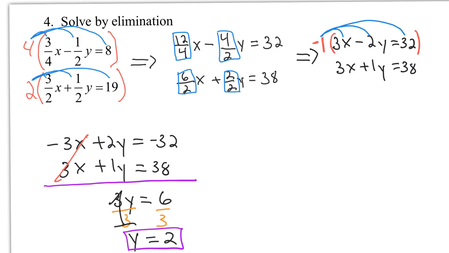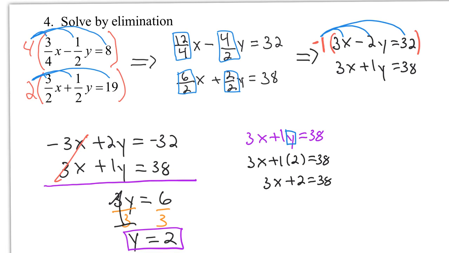So I will choose the bottom equation, 3x plus the 1y equals 38. I'm going to substitute right here into the y the number 2. So we have 3x plus 1 times 2 equals 38, and you solve. So we have 3x plus 2 equals 38.